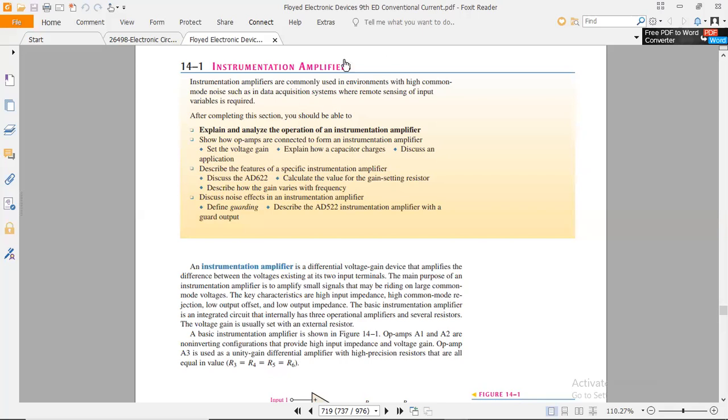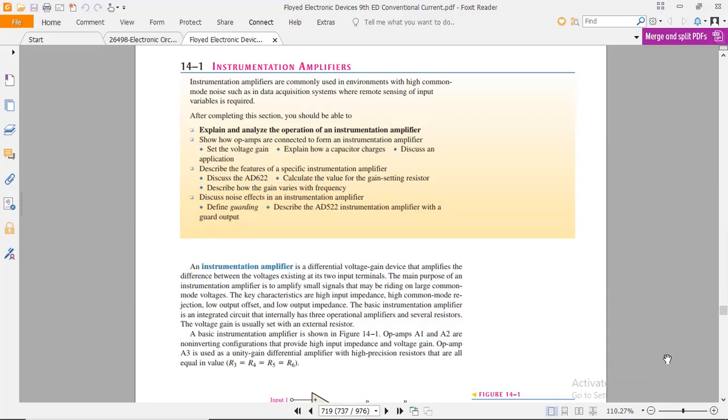Today we have the topic of instrumentation amplifier, and that's chapter number 14, section 1. Instrumentation amplifiers are commonly used in environments with high common mode noise, such as in data acquisition systems where remote sensing of input variables is required.